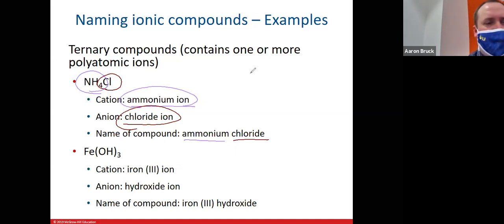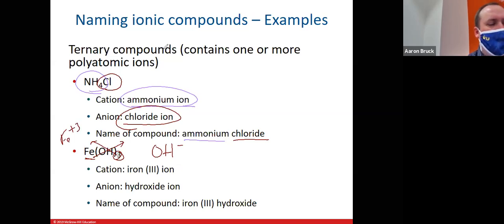Here's a little bit of a tougher one where now we've got iron. Iron has a variable charge. It's a transition metal. And so we have to recognize the type of iron. Here's where our context clues are going to come in. So we can almost think of this as a reverse crisscross. The subscript tells us the identity of the ion.